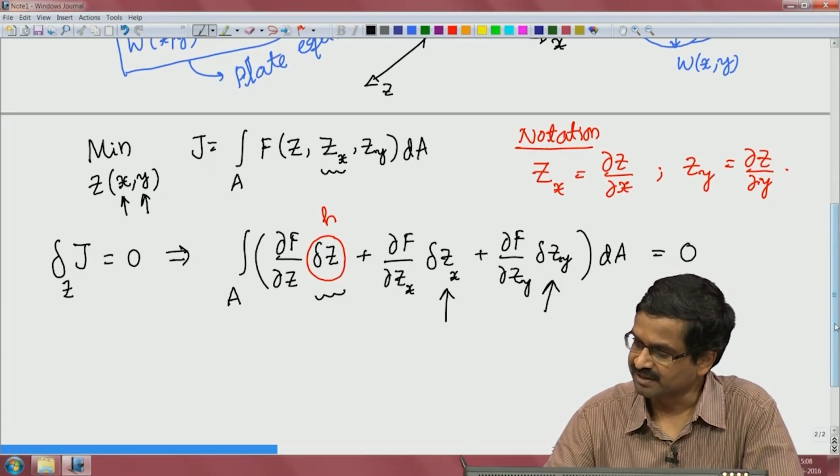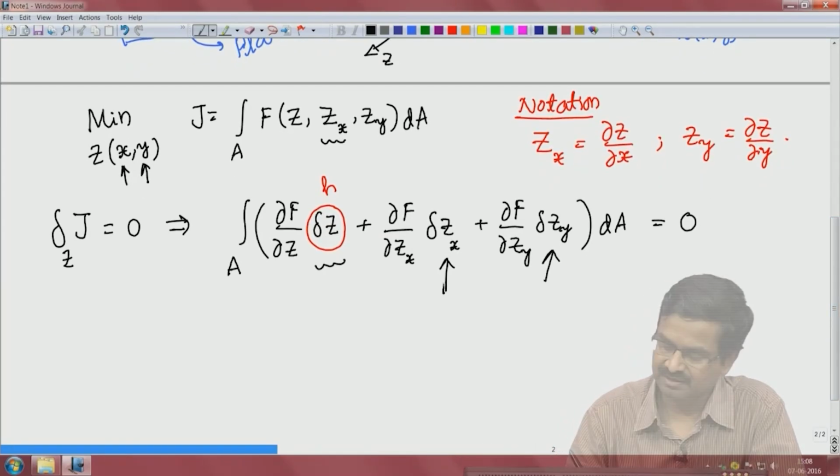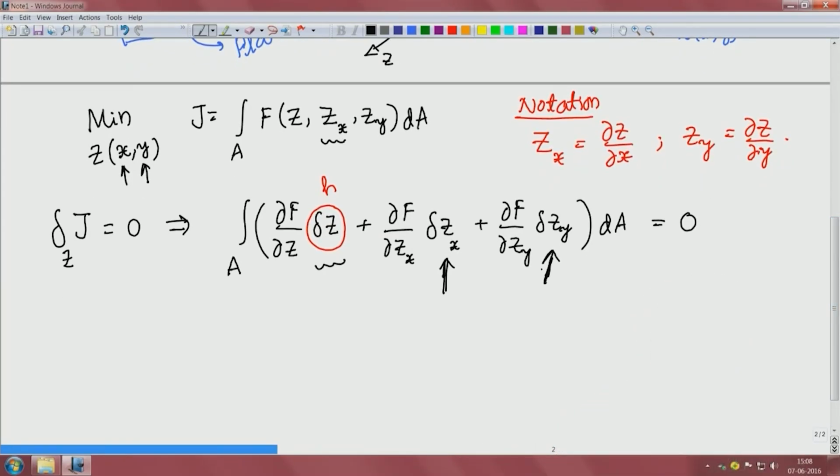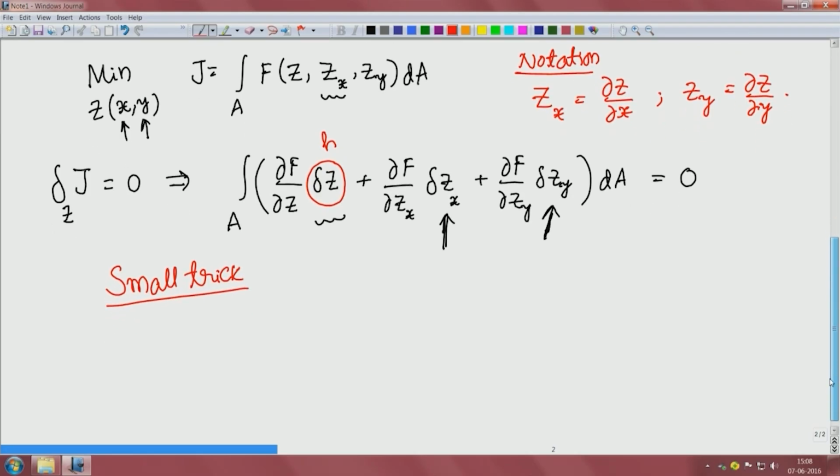So, what we do here, in order to convert these things into delta z, we use a small trick. Okay. It is just a very small trick, in fact trick is probably not the right word, but if you do not know how to proceed, somebody tells you, then they have given you a trick.